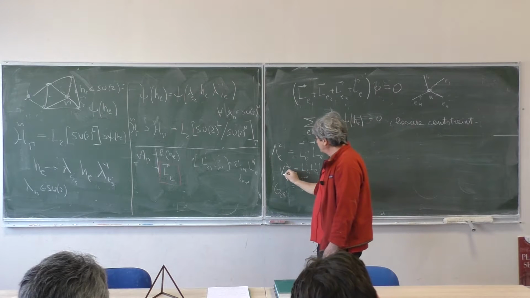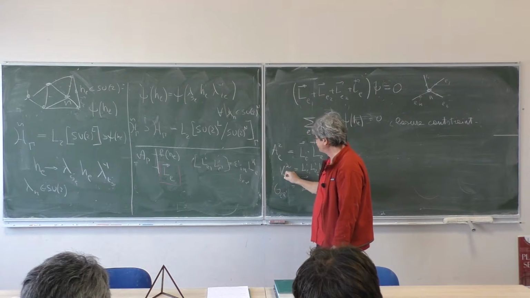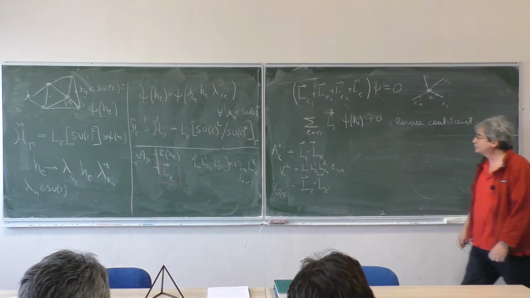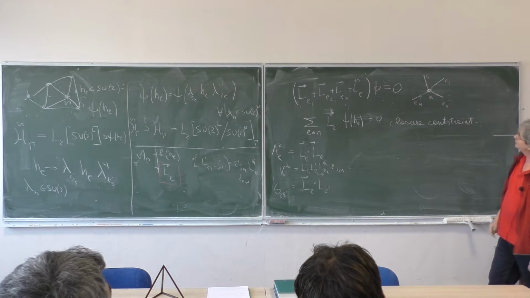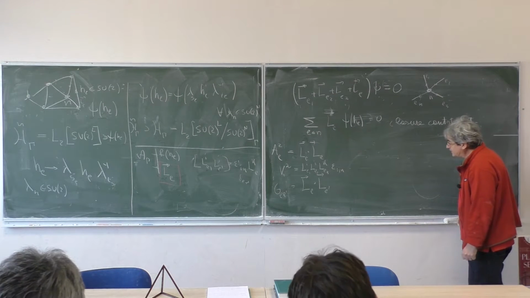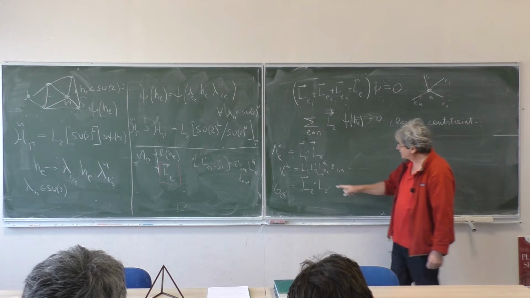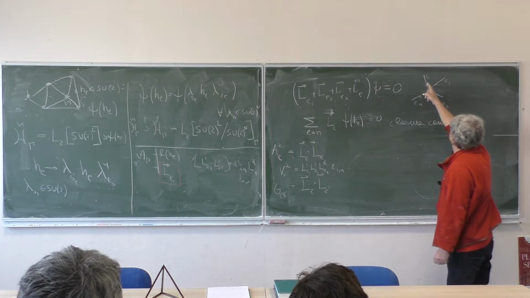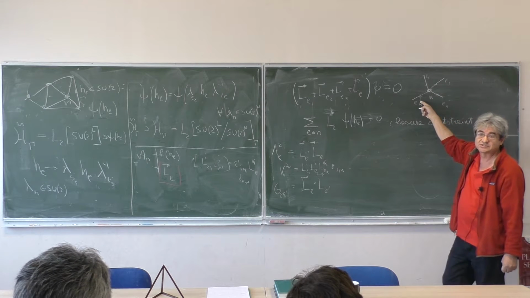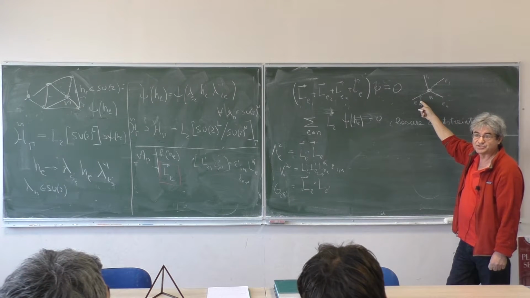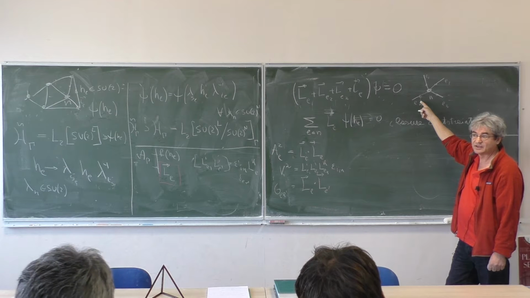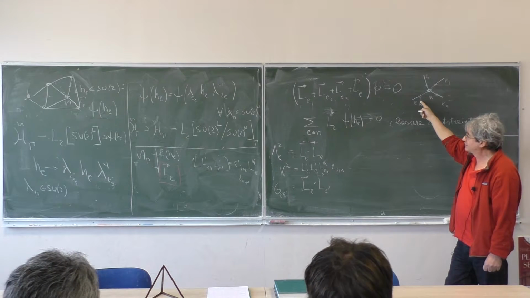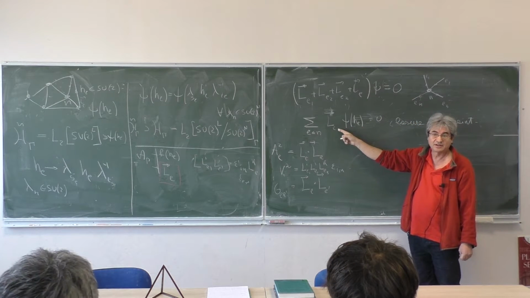And this actually depends only on the node, because it's pretty easy to see that if instead of L1, L2, L3, I put L1, L2, L4, I get the same object. Do you see why? It's because of this equation here.